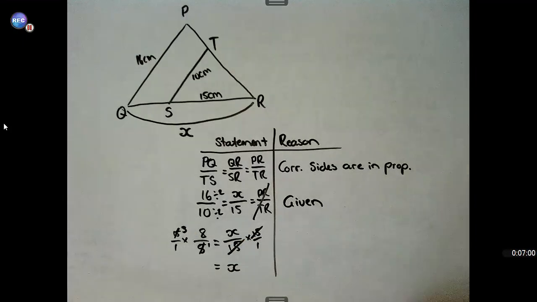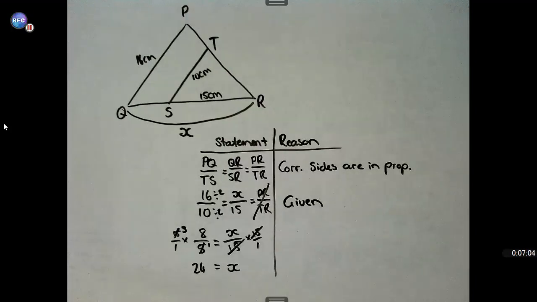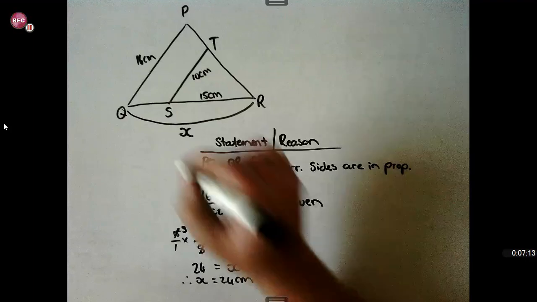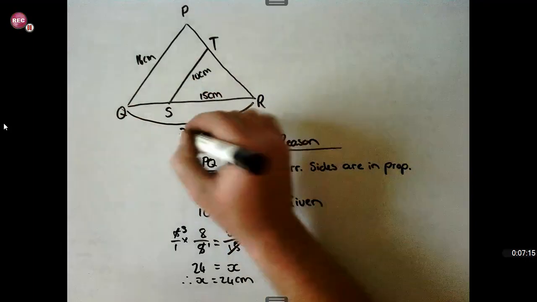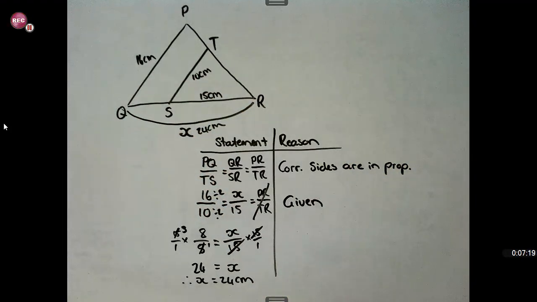So 3 times 8 would then give me 24. Okay, so the value of x, therefore, would now be 24. So therefore, x is equal to 24 centimeters. So the value of this whole side here is 24 centimeters.